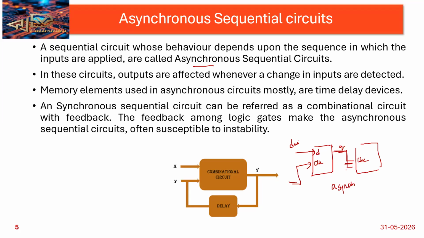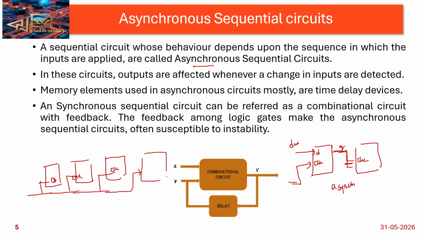But synchronous circuits are not like that. Synchronous means the same clock goes to each and every circuit, like a train of clock pulses. This is the clock, this is the clock, and for the next circuit this is also the clock.